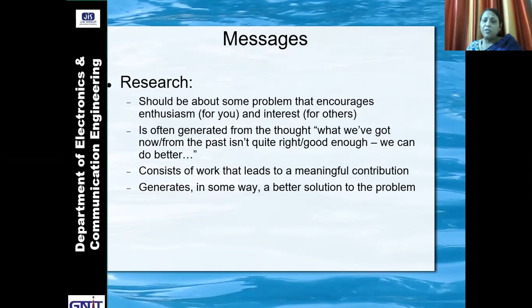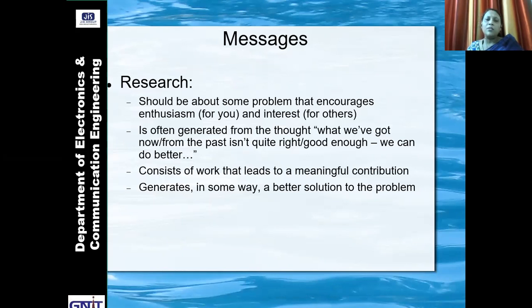So I am not satisfied with whatever result we have in our hands from past literature. Now we think we can revise it, we can modify it. So this type of mentality should grow in the minds of those who are going to pursue research.